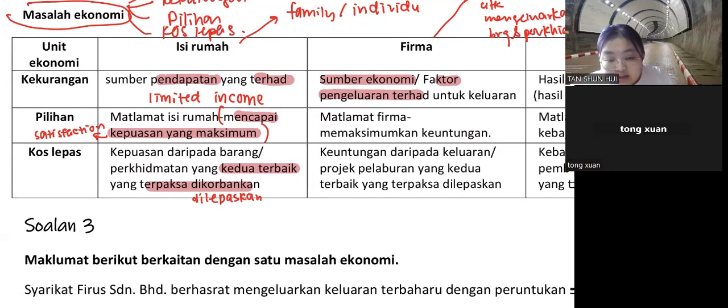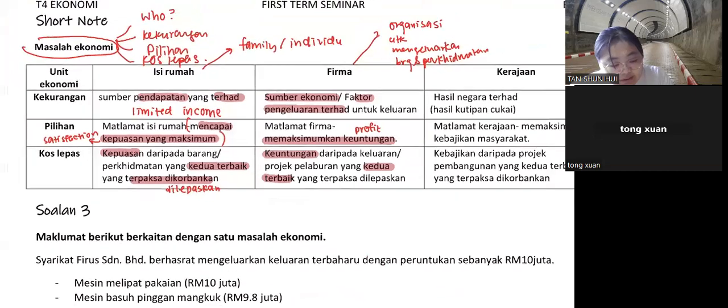So you got to choose. How do you choose? Maximize untung. Whichever brings you maximum profit, you will go for it. So the one that you let go is always the second best, kedua terbaik.